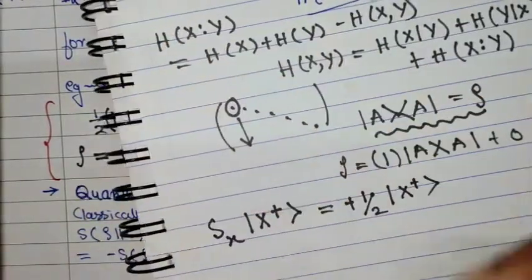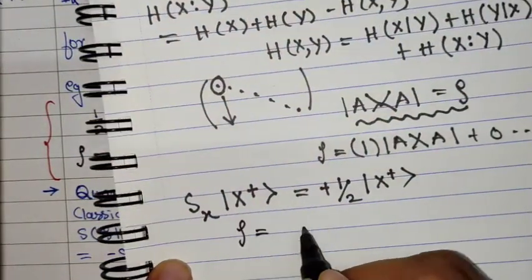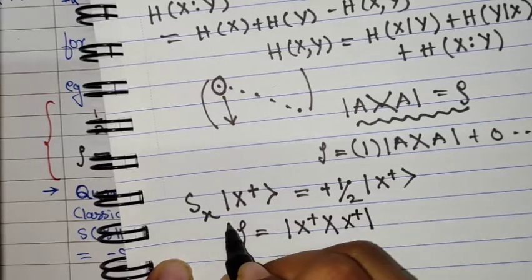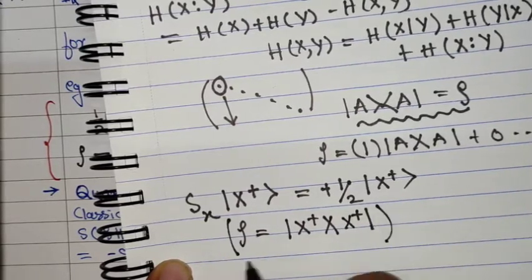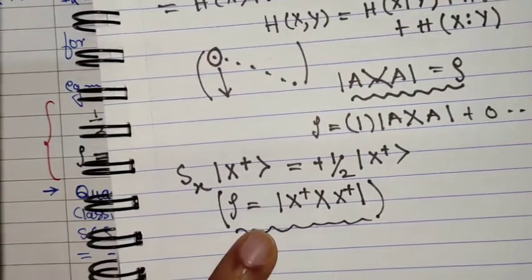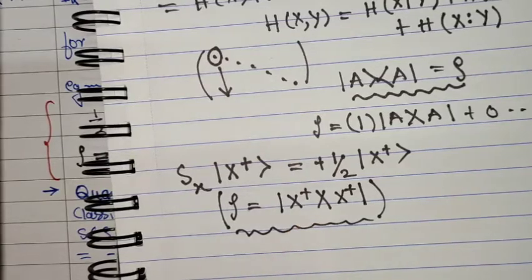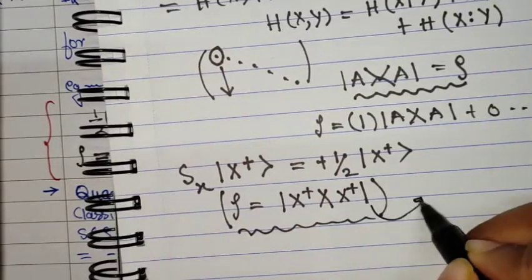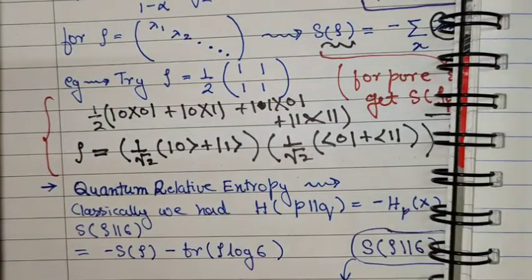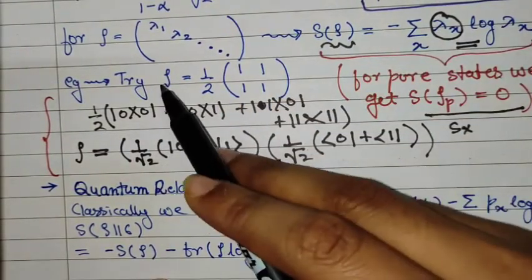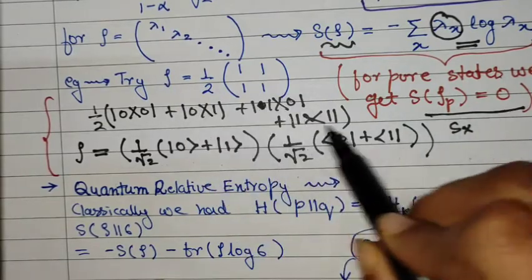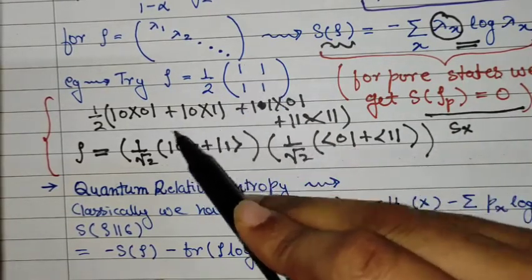So hence we see that rho is actually equal to x plus. So now what can we say? We can say simply that this is a pure state. Even though it was not quite obvious from this matrix representation, we can now clearly say that the entropy associated with this rho is just 0, because it is a pure state. It got decomposed completely.